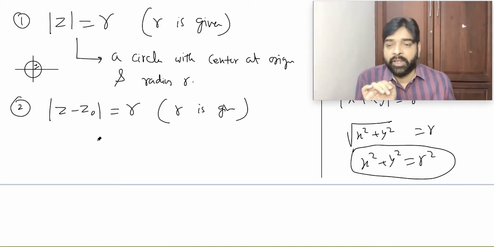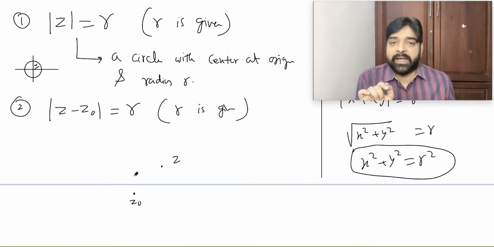Have you understood? So draw this Z0 somewhere, and Z somewhere. So mod of Z minus Z0 represents what? This length. Is Z0 movable or fixed? It's fixed. Who is movable? Z.